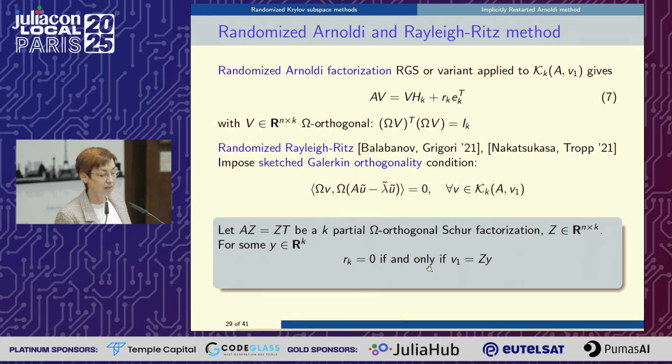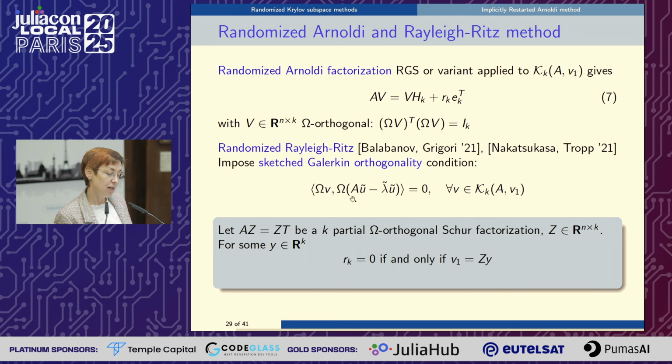In the randomized Rayleigh-Ritz method, what is done is to impose a sketched Galerkin orthogonality condition. This condition was proposed in these two different papers. As we were doing before for GMRES, now we impose a sketched Galerkin orthogonality condition. So we impose that the sketch of the residual is orthogonal to the sketch of the vectors belonging to the Krylov subspace.